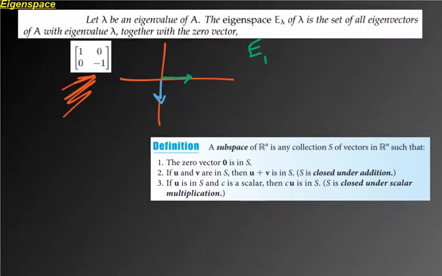The eigenspace for this green vector would be the set of all linear combinations of I hat. So maybe we'll write it this way: 1, 0. Basically I'm saying that one eigenspace is the x-axis. That's what that is, right?